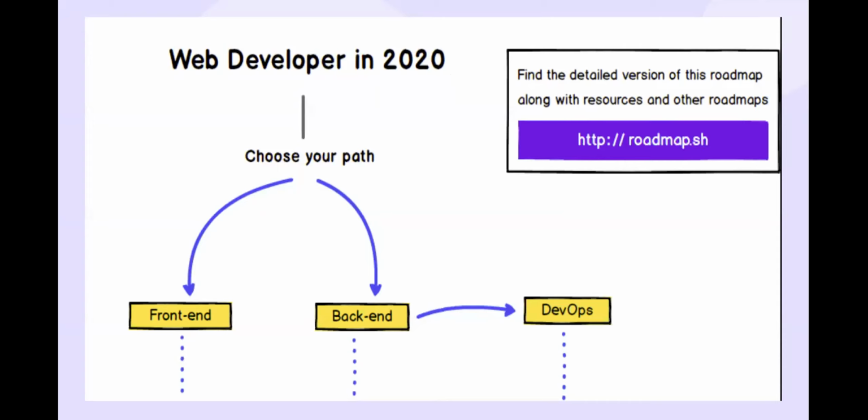That one is also a framework for building front-end applications using JavaScript. And then another framework is Vue.js. So after learning HTML, CSS, and JavaScript, you choose one framework. You master it and you become a front-end developer.